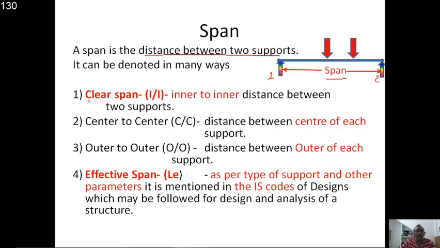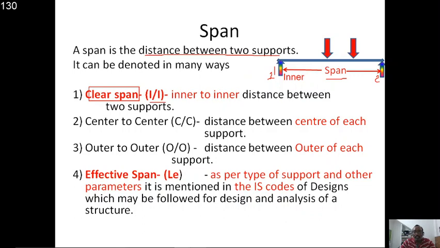The first type of span nomenclature is clear span. Clear span means inner to inner. So this is the inner portion of a support, and this side is the outer portion.